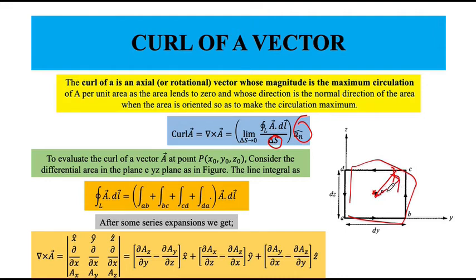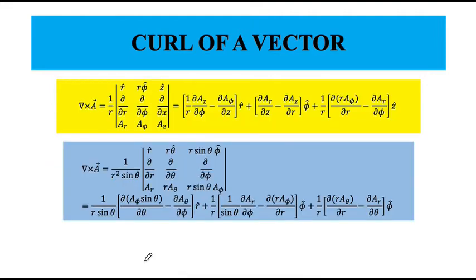Another figure shows a vector field with 0 curl. Now this is the formula in Cartesian coordinate system. Similarly, we can calculate it in cylindrical and spherical coordinate systems by transforming the equation using point and vector transformation techniques.